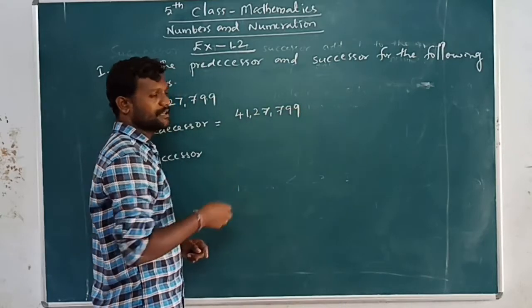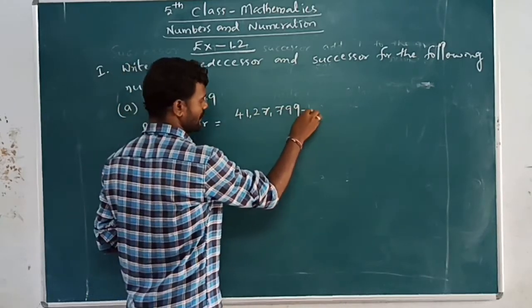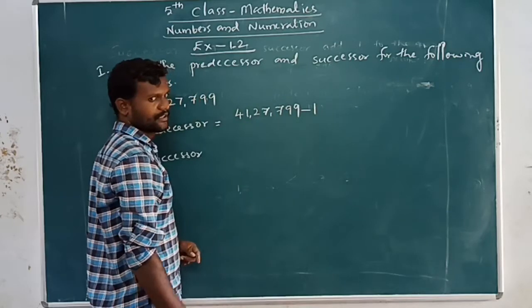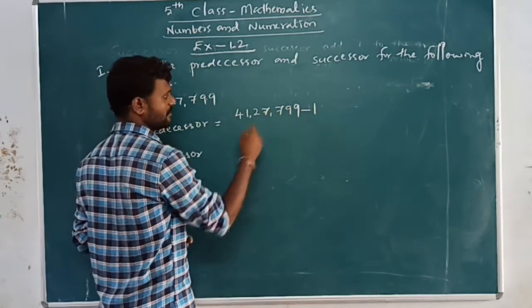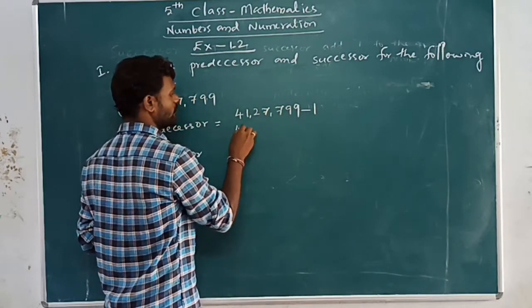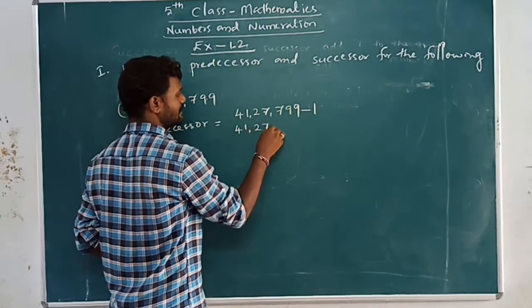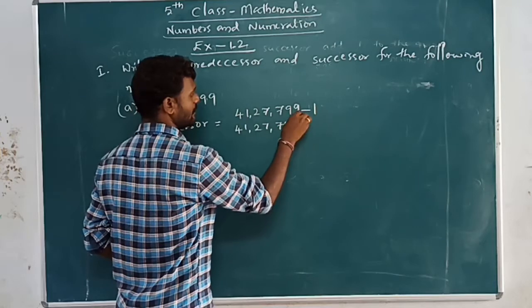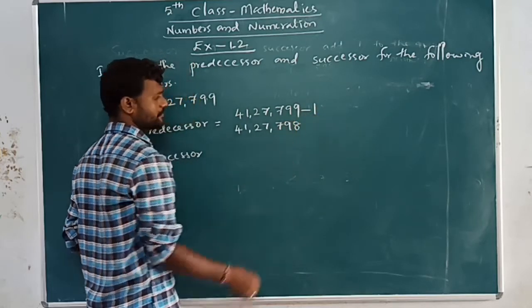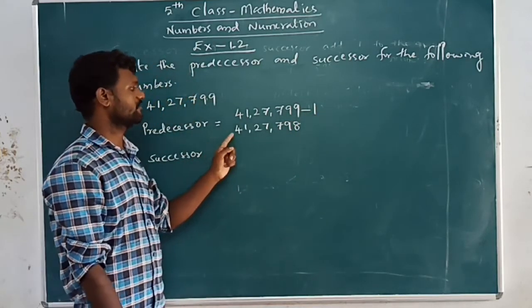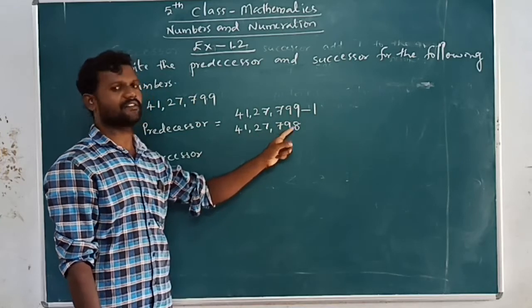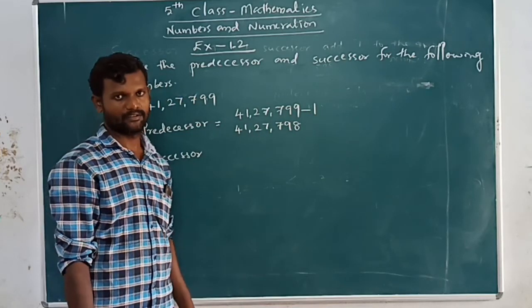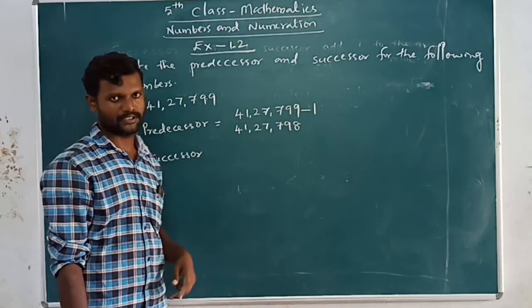From this number, how much do we have to subtract? 1. If you subtract 1 from this, what will you get? 41,27,799 minus 1. How much? 8. So this is the predecessor: 41 lakhs 27,798. Just the number before, you have to write.